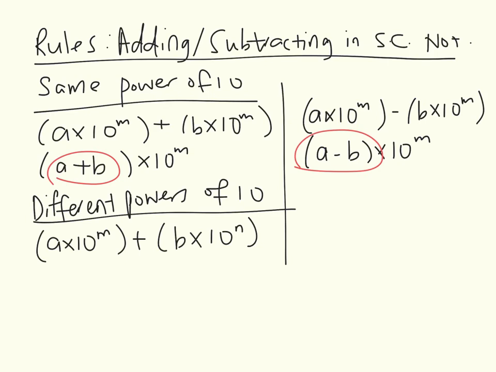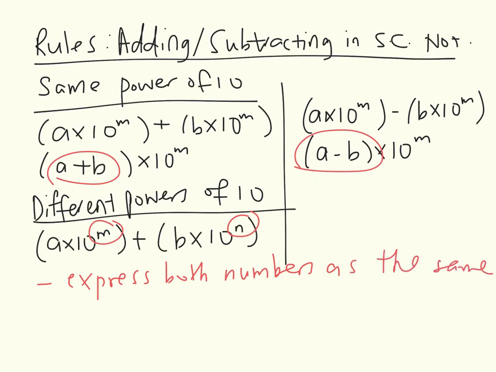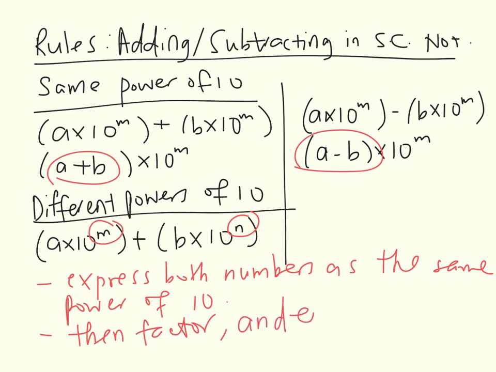So you have to rewrite the two exponents, express both numbers as the same power of 10, then factor and evaluate the sum.